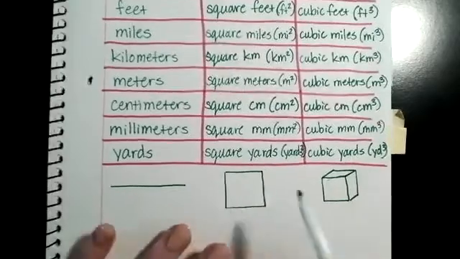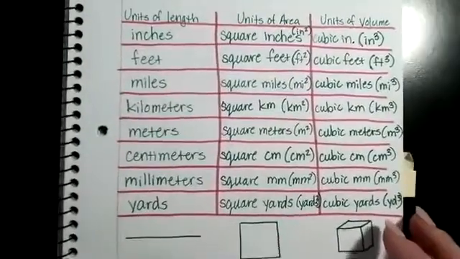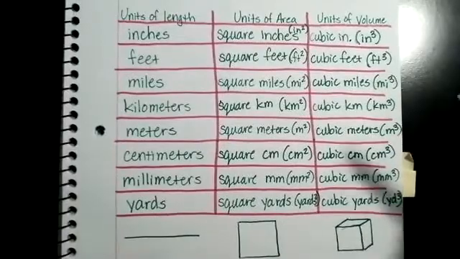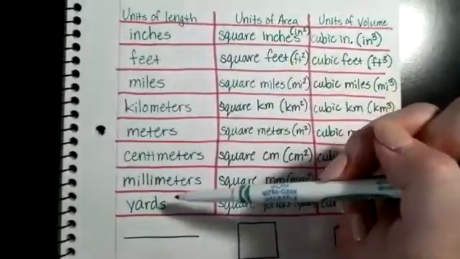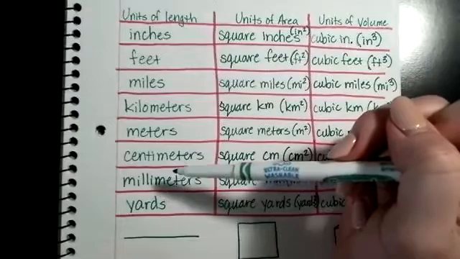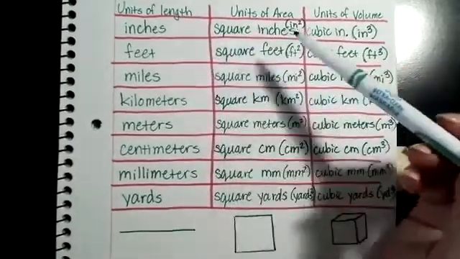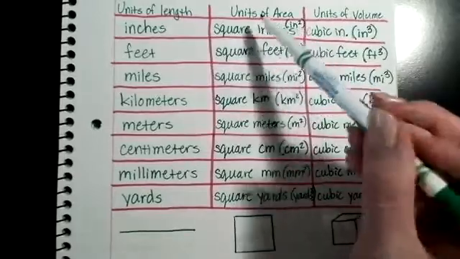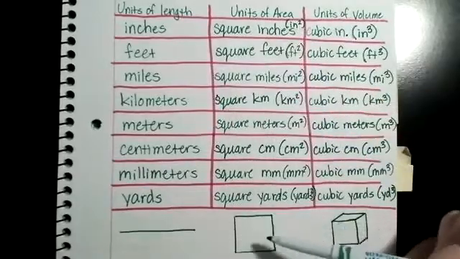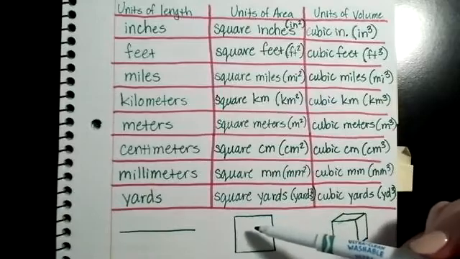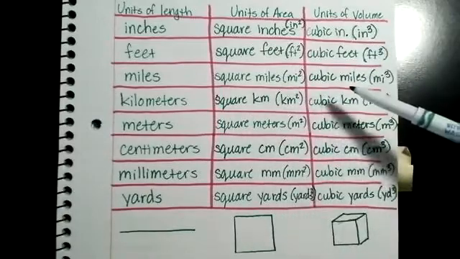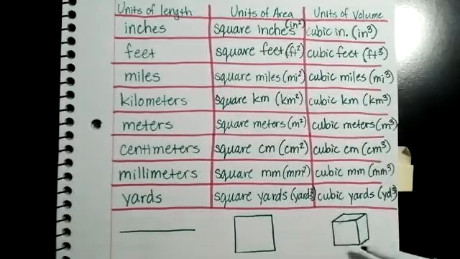All right, so as we measure volume, you have to remember whatever unit of length you are using to measure, when you are measuring the area of it, it's going to be square, because you are measuring the area of a square. If you are measuring the volume, you're talking about a cube.